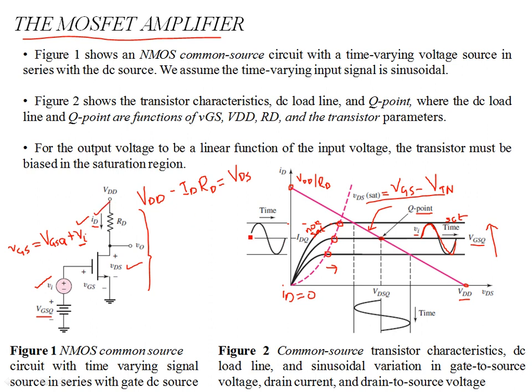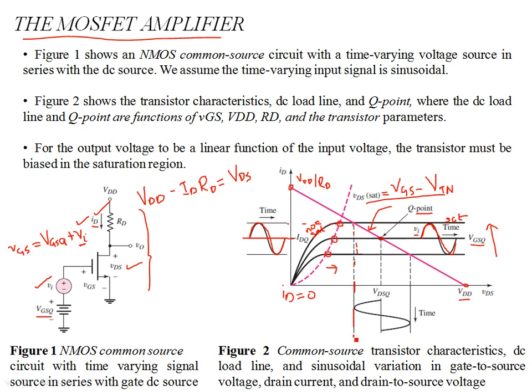So you can see with time, you have an alternating drain to source current, over an average, or a constant IDQ, which is the DC current. Then this DC current is mapped to an output.